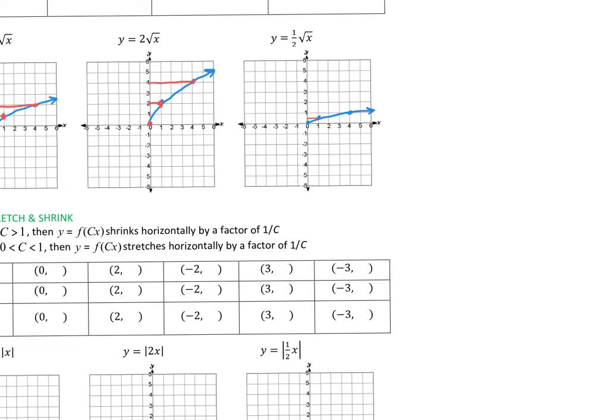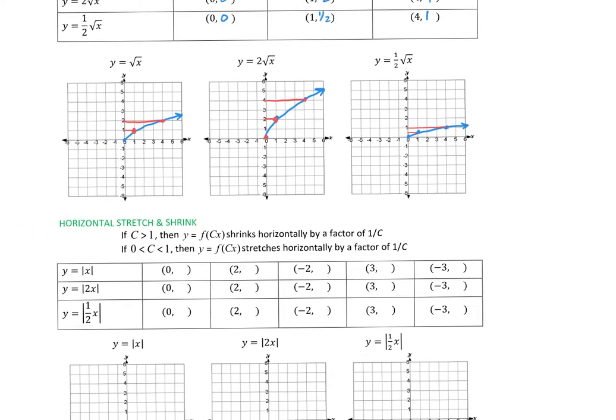But this time when x is 4, my y value is 1, because I multiplied 2 by half and I got 1. So these graphs do exactly what we think they're going to do. Multiply by a number greater than 1, stretches up. Multiply by a number less than 1, between 0 and 1, it shrinks down.